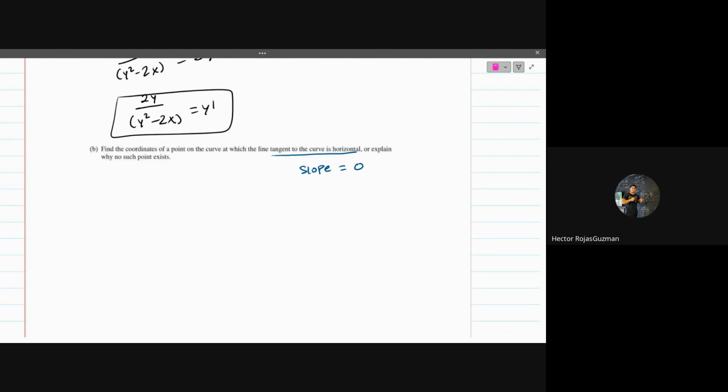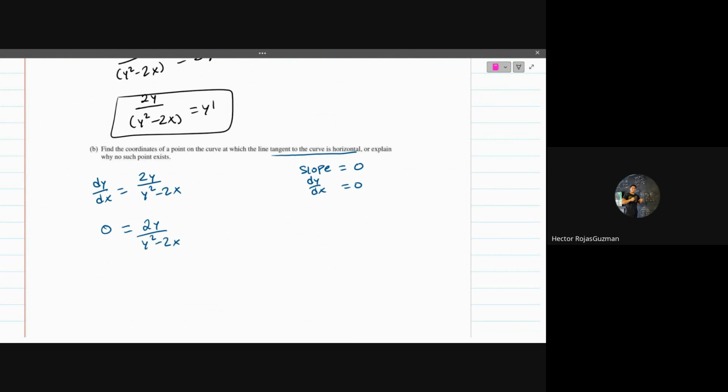So let's start with that, right? We know that dy dx is equal to 2y over y squared minus 2x. But we also know that we have to make dy dx equal to 0. So 0 is equal to 2y over y squared minus 2x.